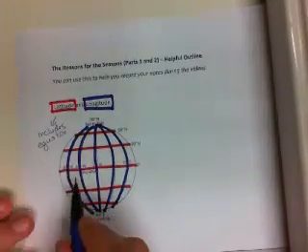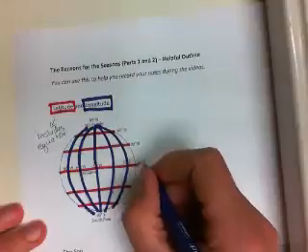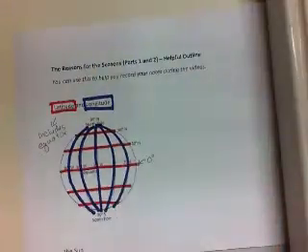The equator is this line right around the middle of the Earth, and it is at 0 degrees latitude. Now, why is that important? Well, to understand the relationship between the sun's angle and climate, we have to understand that climate changes by latitude because of the sun's angle due to the curvature of the Earth.